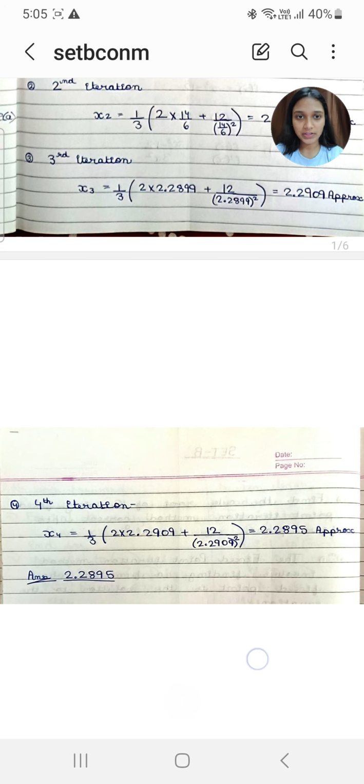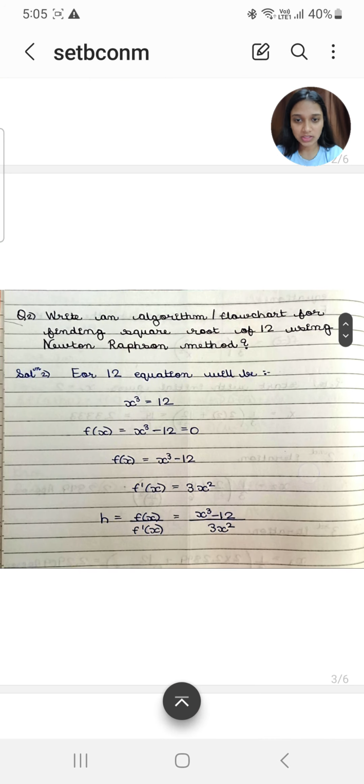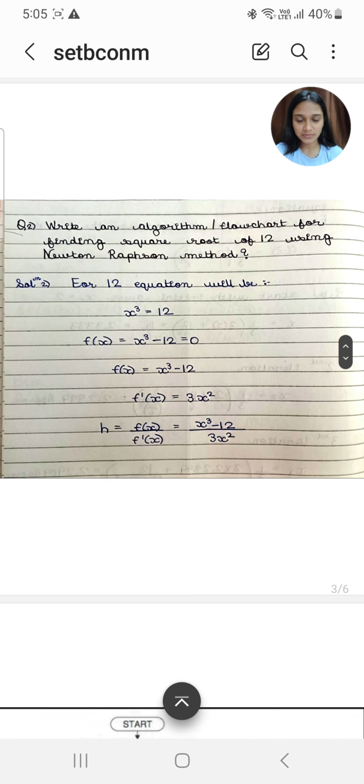Okay, so now we will continue with the second question, that is: write an algorithm/flowchart for finding the square root of 12 using Newton-Raphson method. So for this question our equation would be x³ = 12, and the same for the function.